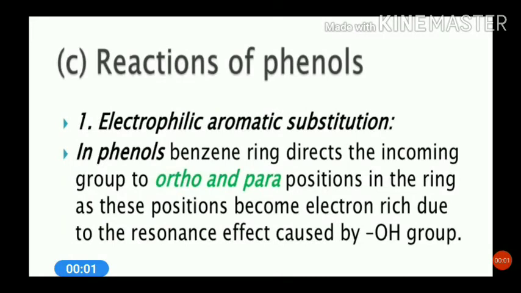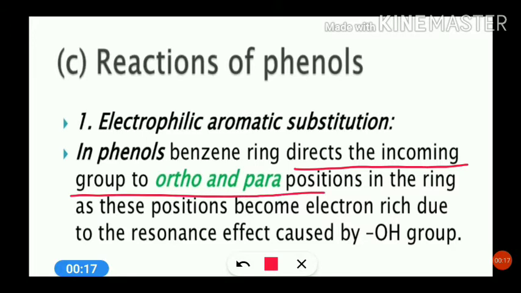Let's see the reactions of phenols. First is the electrophilic substitution reaction. Electrophilic substitution reaction in phenol directs the incoming group to ortho and para positions.